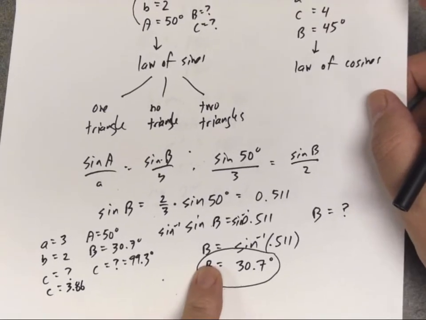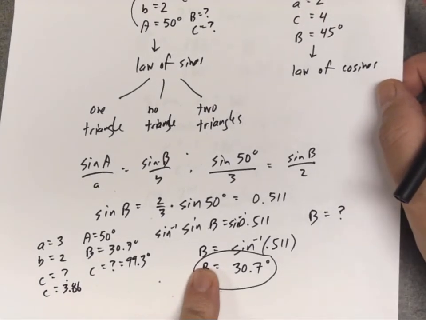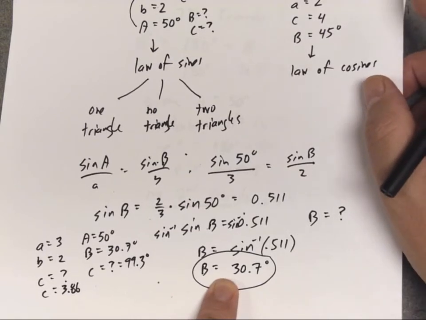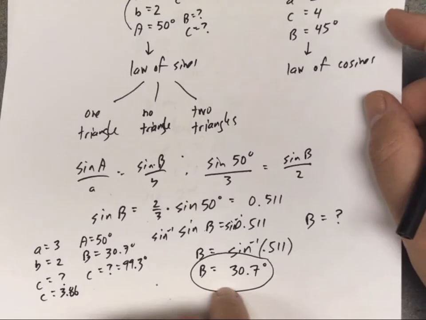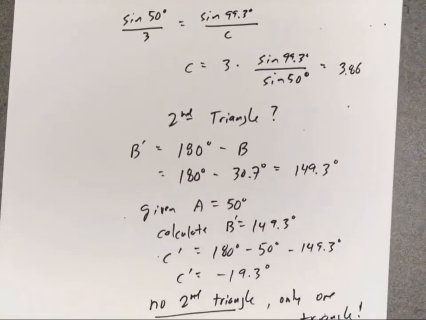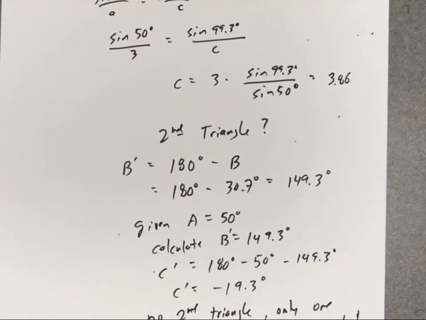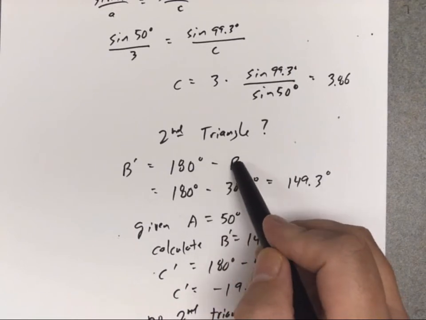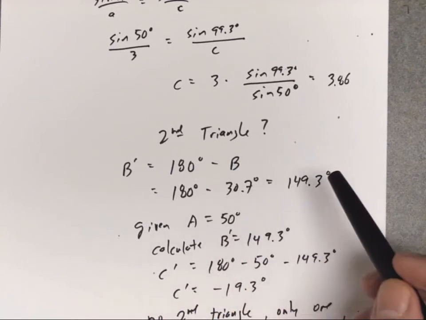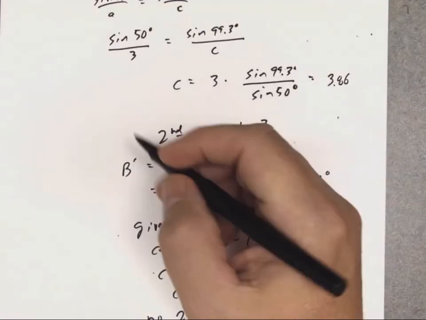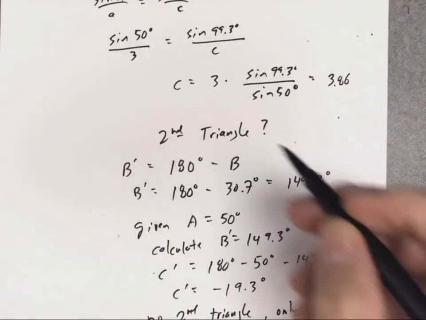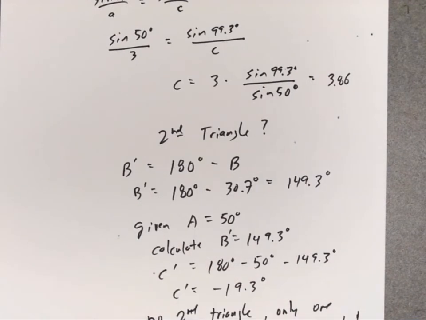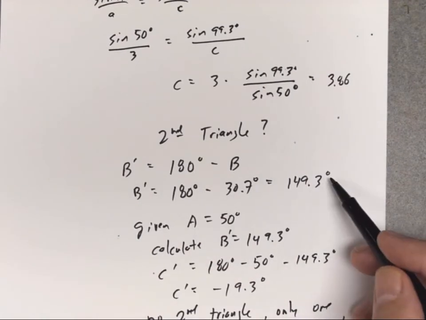The very first calculation we did with my first triangle was to determine angle B. You take that piece of information and you say, okay, I'm going to take 180 degrees minus the angle B from my first triangle, and I'm going to say, therefore, if I have a second triangle, this is going to be the new angle B for the second triangle, 149.3 degrees.